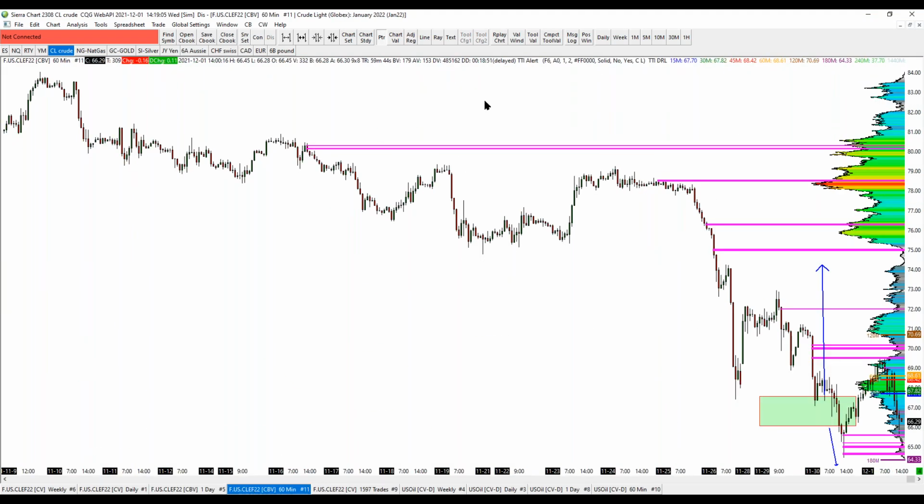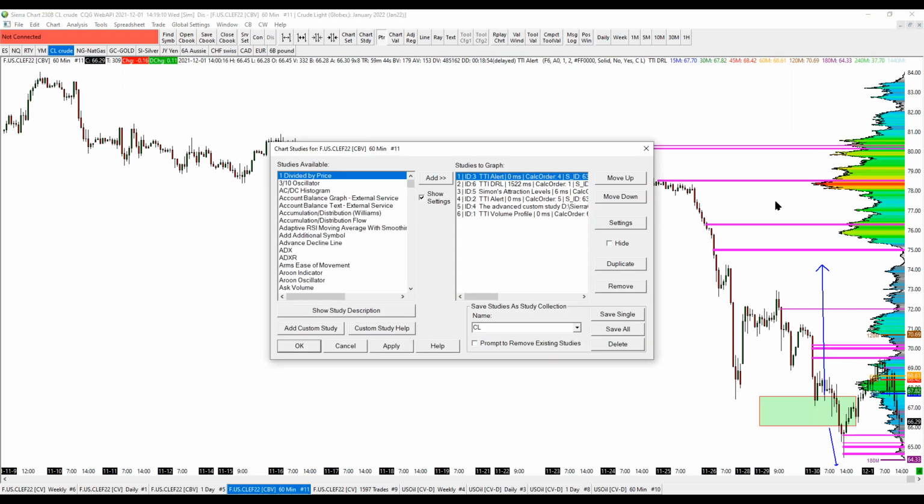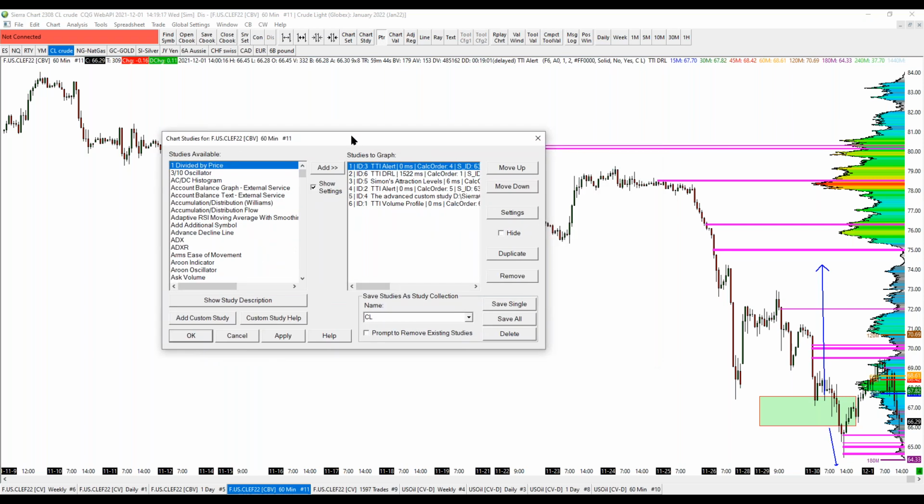On the 60-minute chart, if I right click and go to my studies, SAL indicator, which is these magenta lines, reads in a way the market's historical and current market depth. It tells me at which level you have more buyers or more entries or more hidden volume.